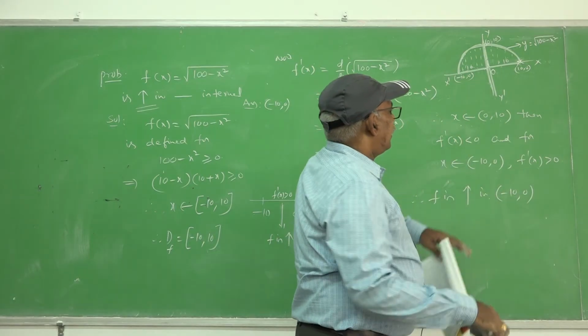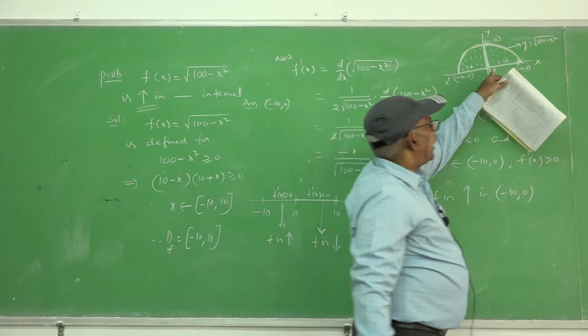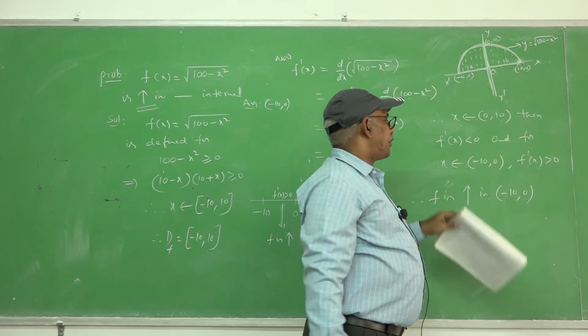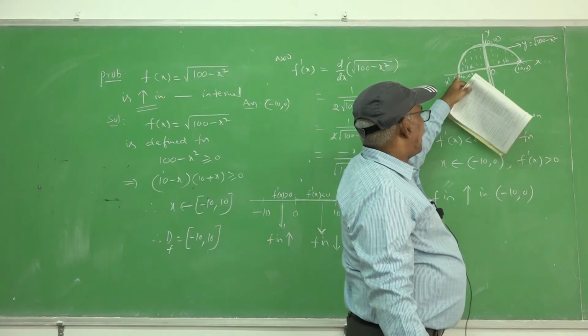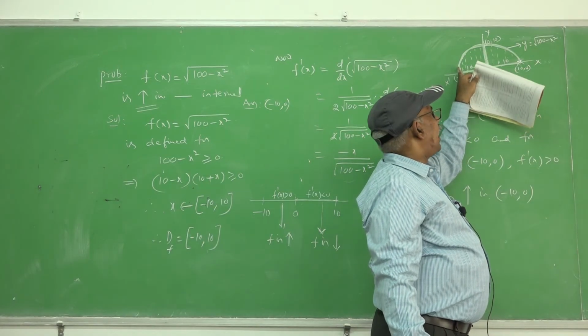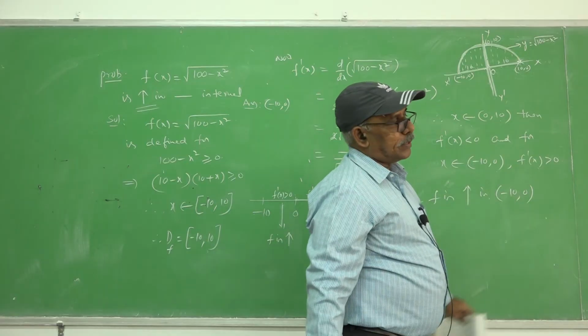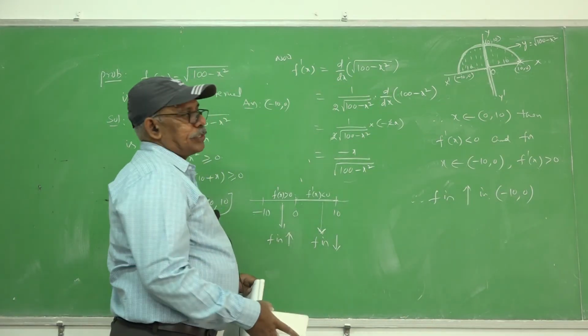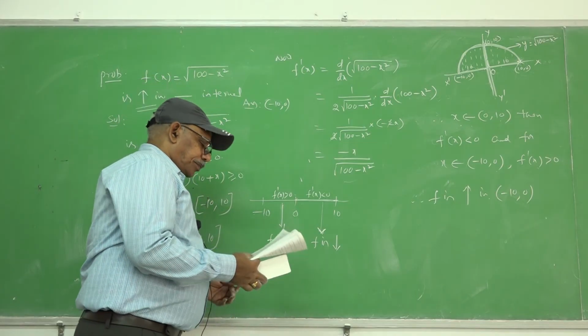Whenever x lies between 0 and 10, f dash x is negative, whereas whenever x lies between minus 10 and 0, f dash x is positive, hence the function is increasing. Hence the right option is minus 10 comma 0, in which the function is increasing.